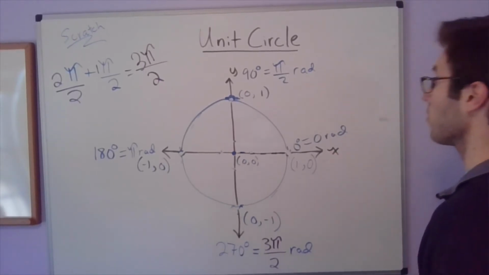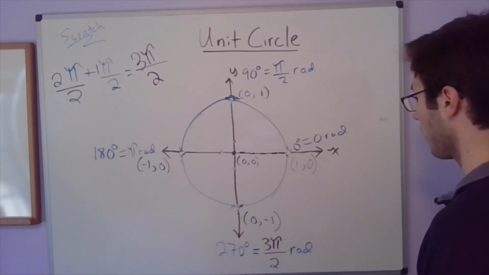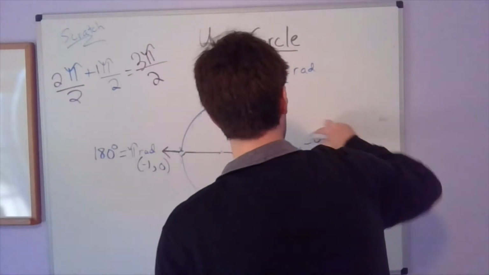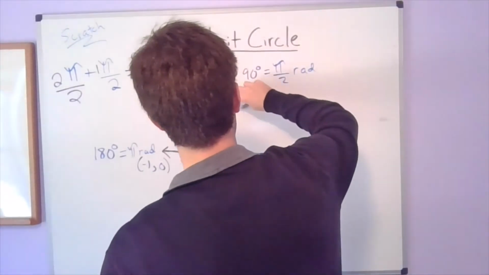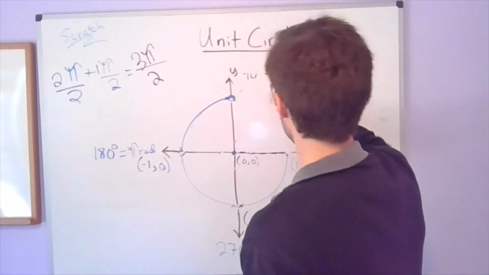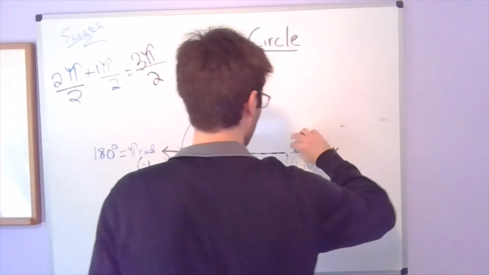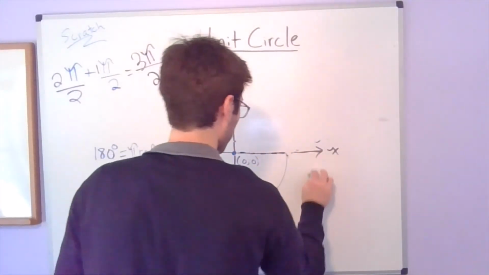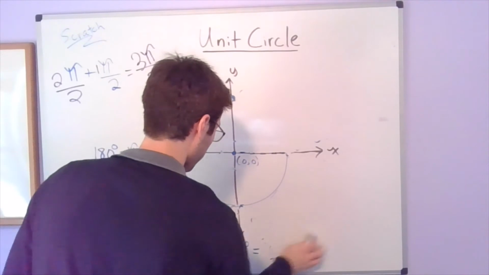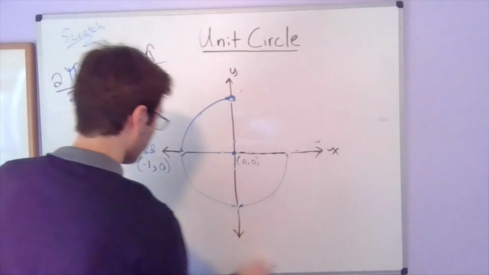The radius of a unit circle is 1. Now, in the context of trig, which I'm going to get into right away, once this is kind of erased here.